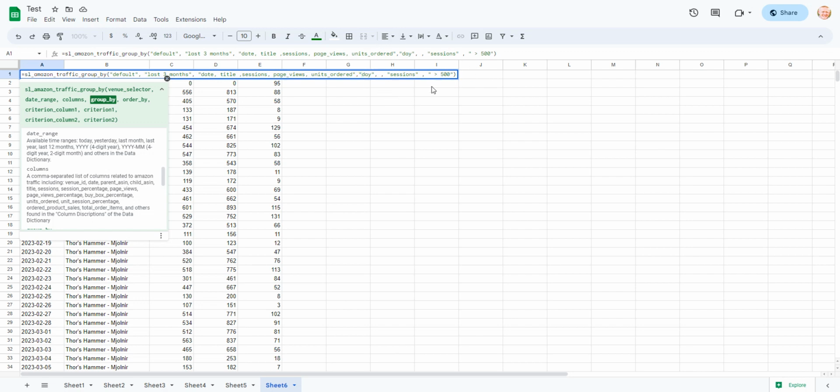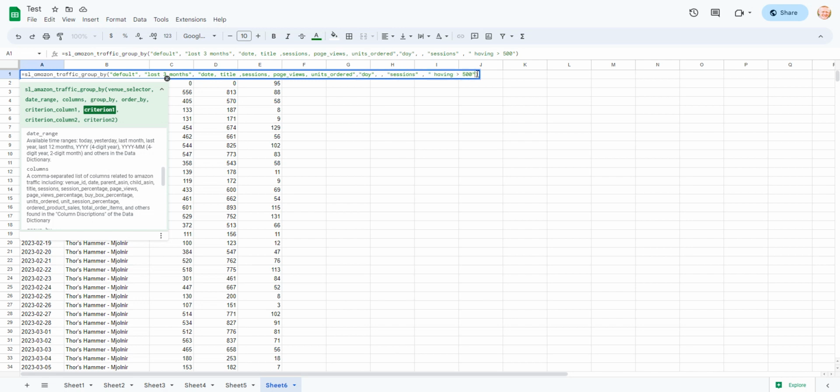Now watch what I'm going to do here. If I want to filter by looking at sessions that are greater than 500 after grouping by day, all I have to do is put having. If I put having in this criterion 1 argument, I'm basically saying to this Google Sheet formula, I want to look for rows of data where sessions are greater than 500 after we grouped by day.